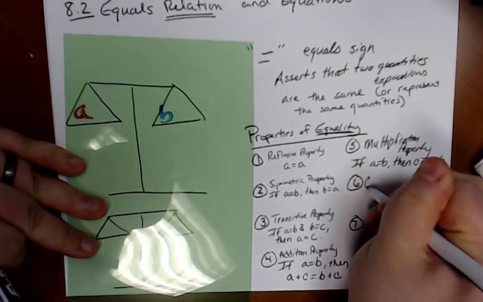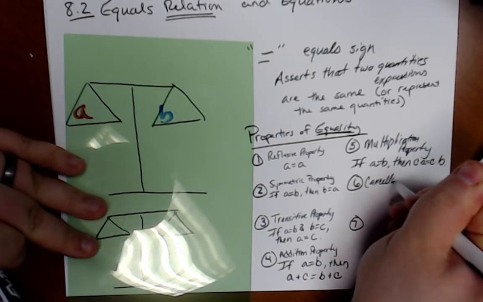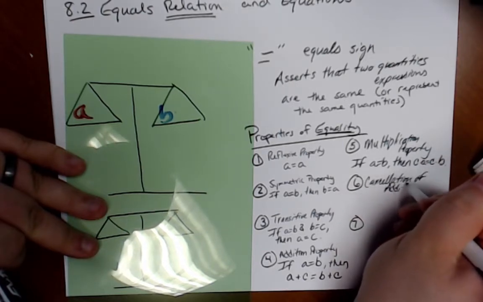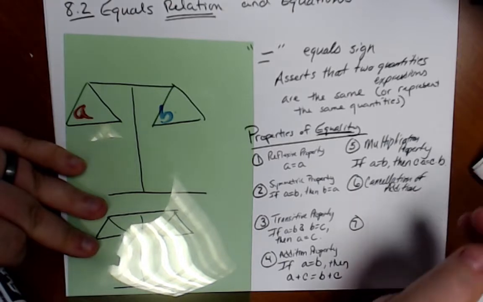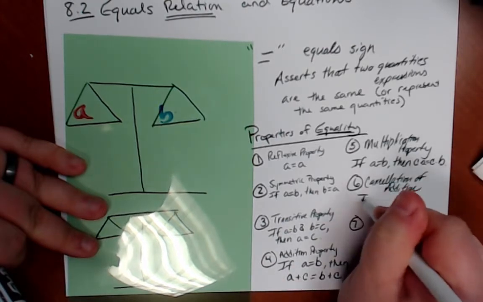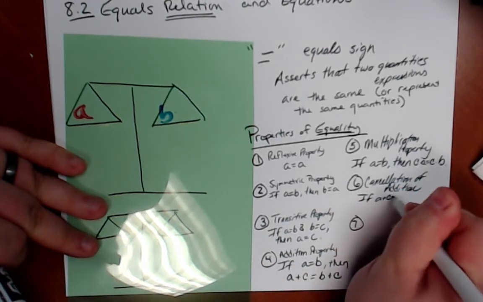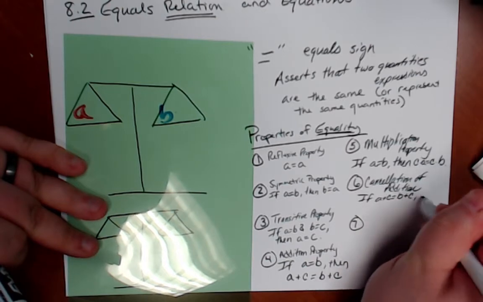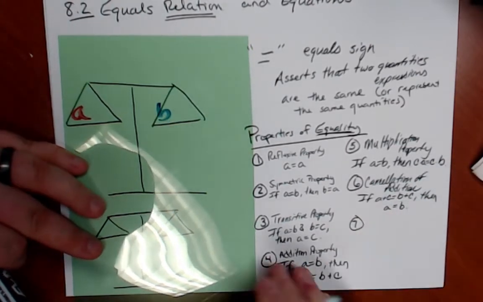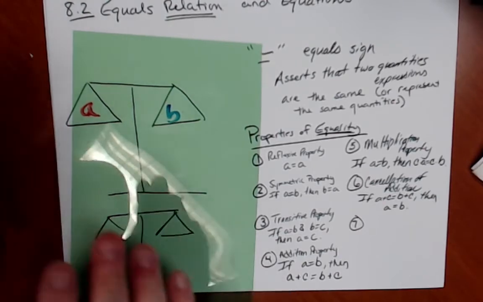So this is called the cancellation of addition. And so here we went, if A equals B, then A plus C equals B plus C. But if A plus C equals B plus C, then A equals B. We can undo that addition.